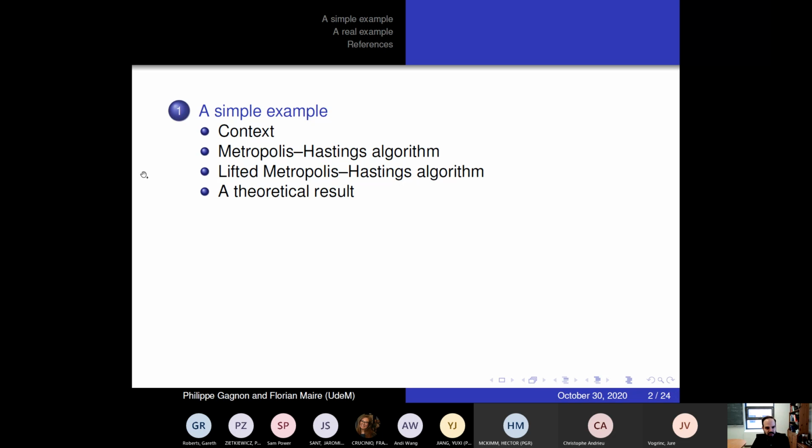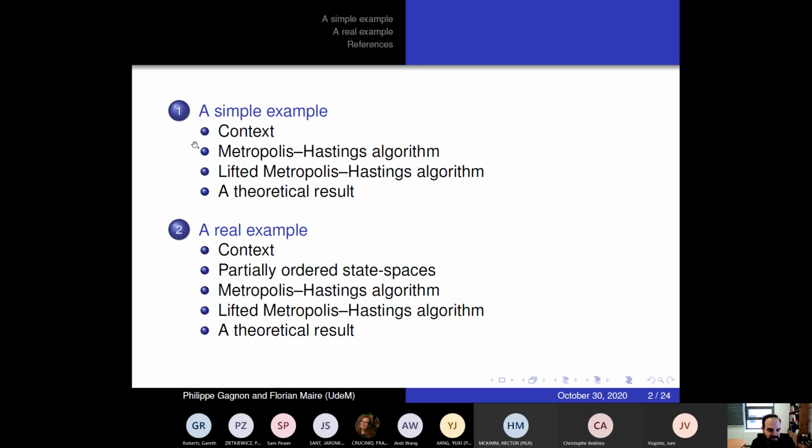So I will now describe the structure of the talk. I will start with a simple example and then a real example. The simple example will help me to set the scene for the next part.